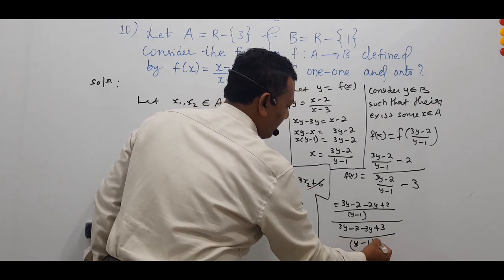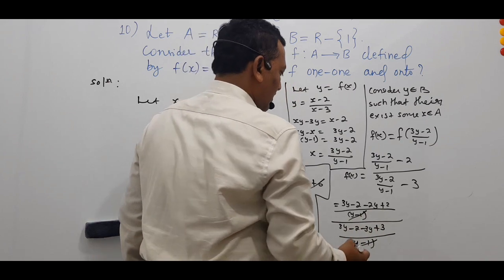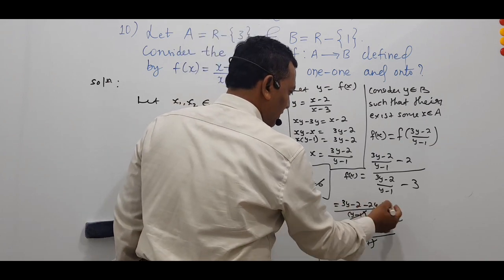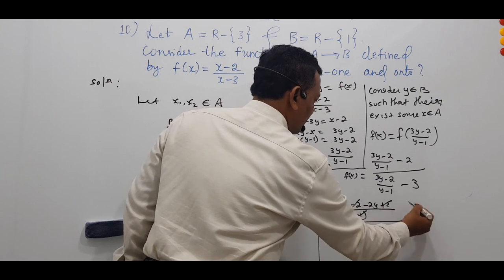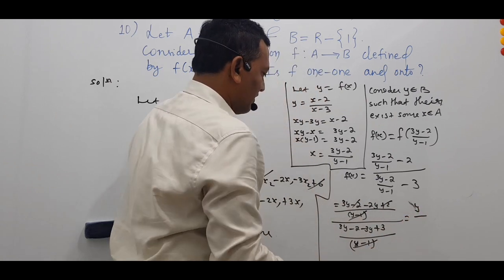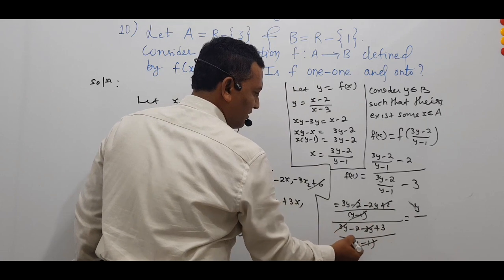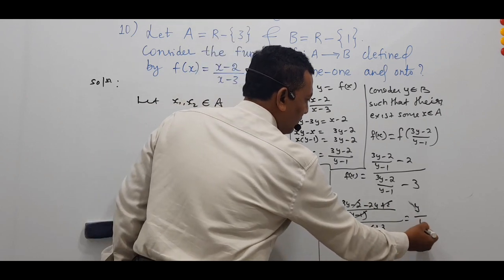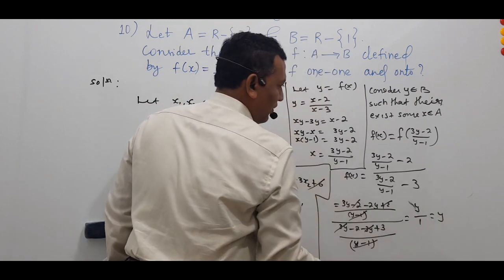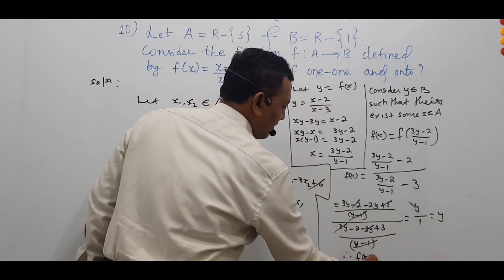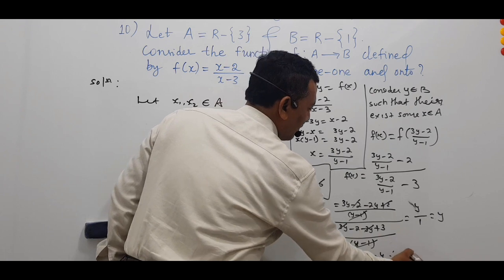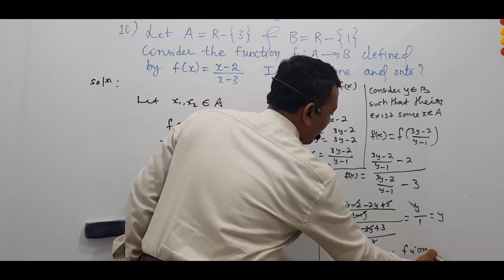Now you can see y - 1 and y - 1 cancel. Now 3y - 2y, and plus 2 minus 2 cancel. You will get 3y - 2y is y, divided by, you can see minus 3y plus 3y cancel. Minus 2 plus 3 will give you 1, which is equal to y. So what we got finally is f(x) = y. Therefore f is onto.